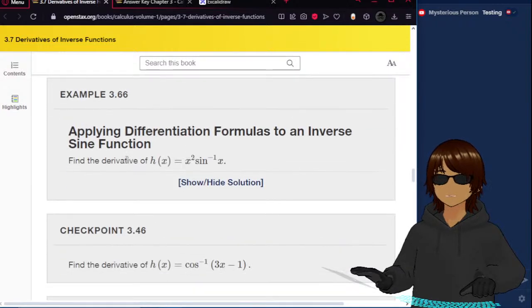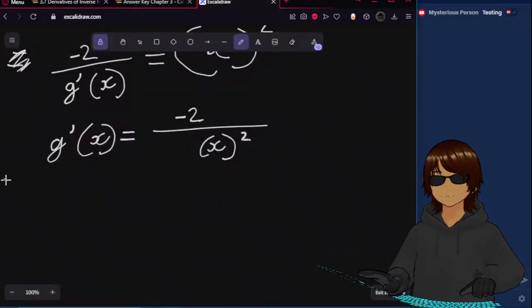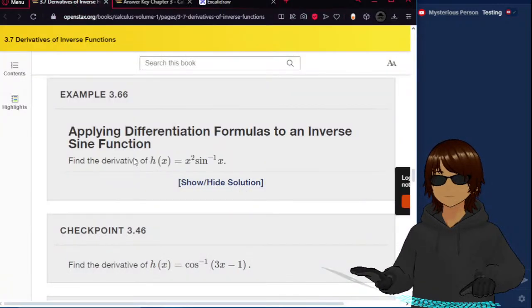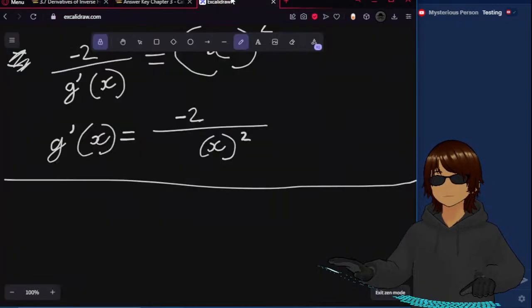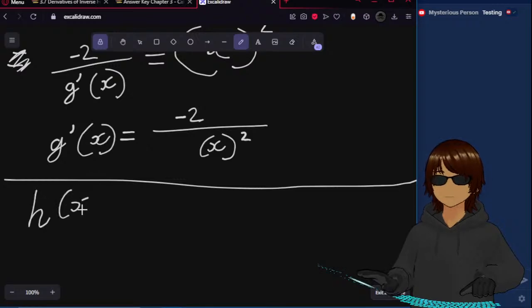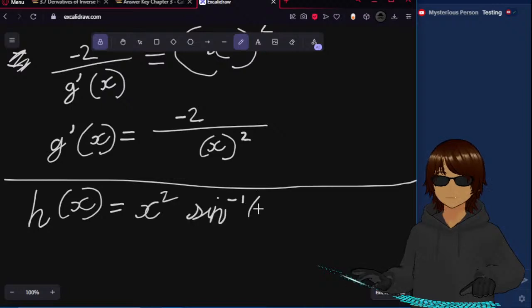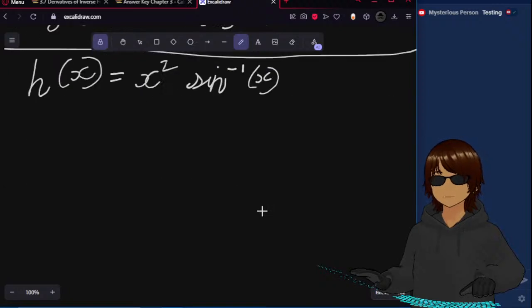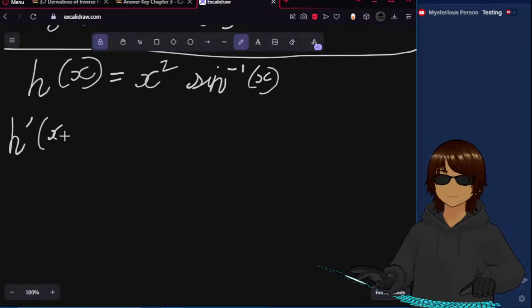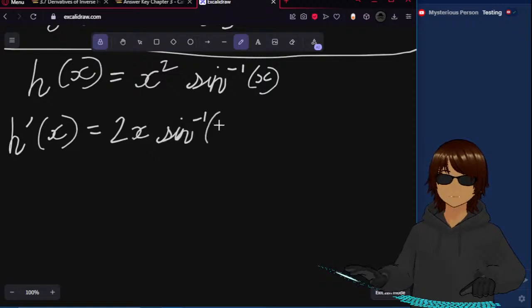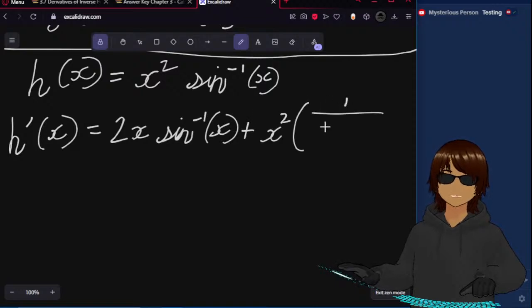Okay, let's do some exercises. Find the derivative of h of x squared h of x. Okay, so the derivative is the derivative of the first times the second plus the first times the derivative of the second.